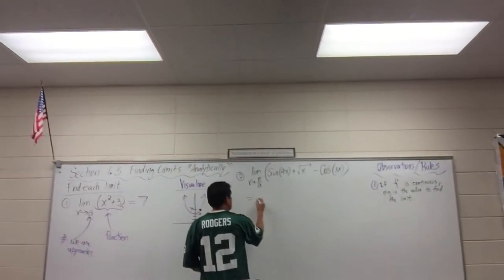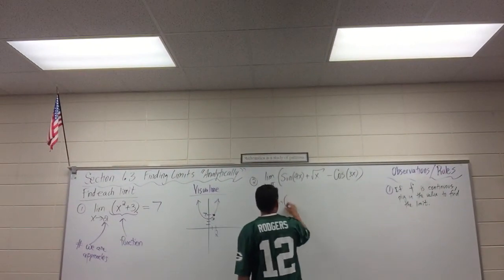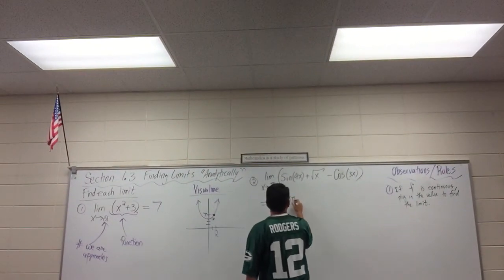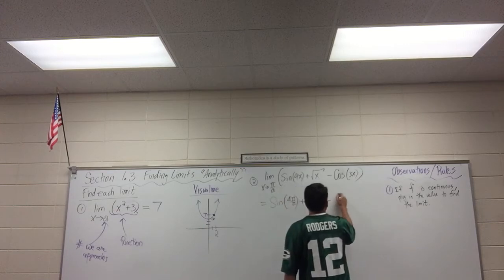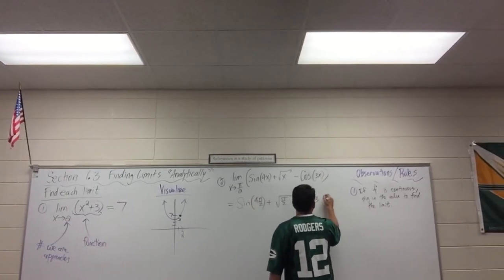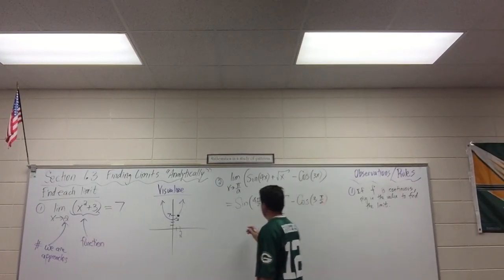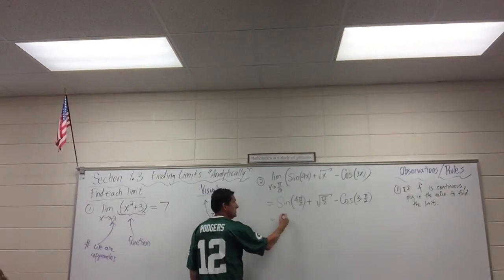Watch. This means we're going to get the sine of 4 times pi over 2 plus the square root of pi over 2 minus the cosine of 3 times pi over 2. And we can get the answer to some of these.